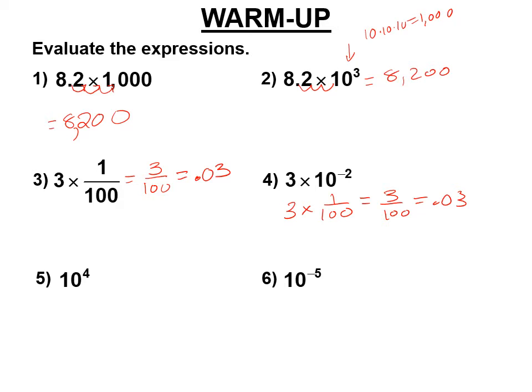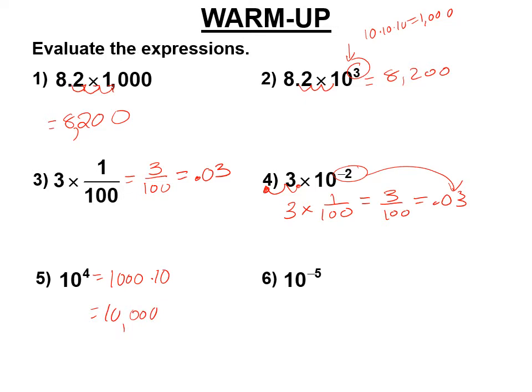And it turns out when you have 10 to the negative second power, when it was third power, you moved it 3 times and made it bigger. When it's 10 to the negative second power, you move it 2 times and make it smaller. 10 cubed, we said, was 1,000. So 10 to the fourth is 1,000 times 10, which is 10,000.